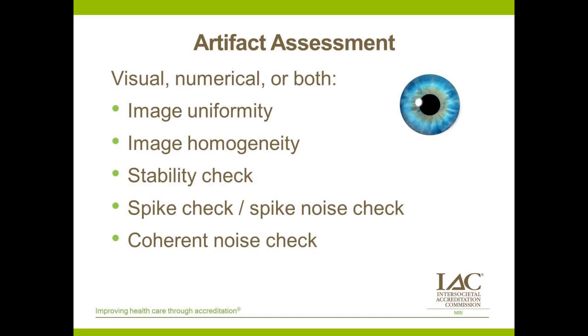These might be referred to by names like image uniformity or image homogeneity. Those could be either visual or numerical assessments. You'll see things like stability checks, spike checks, spike noise or coherent noise. Those are all additional forms of artifact assessment that are done numerically by the scanner manufacturer using their tools.